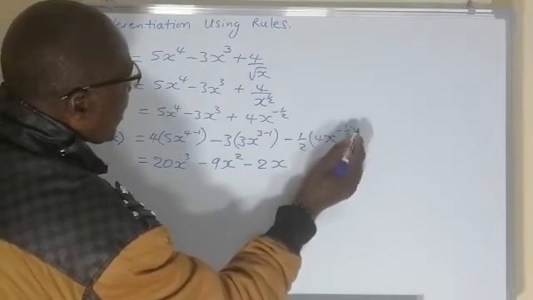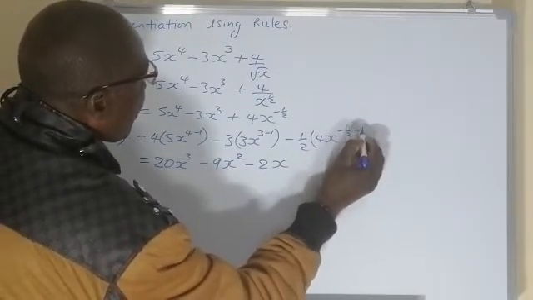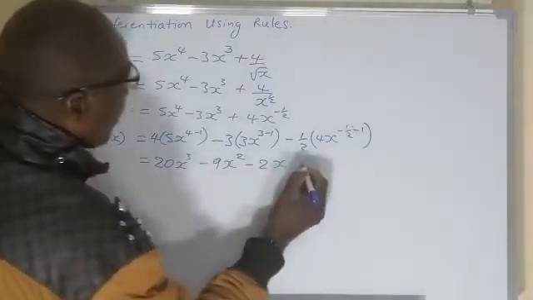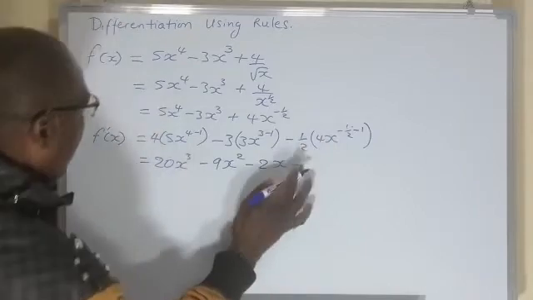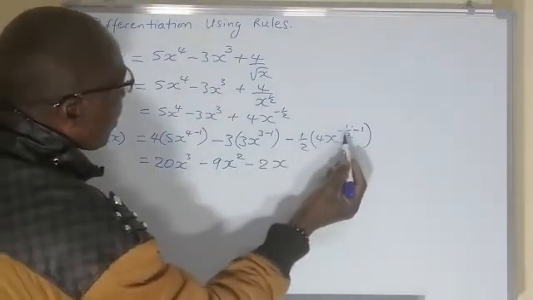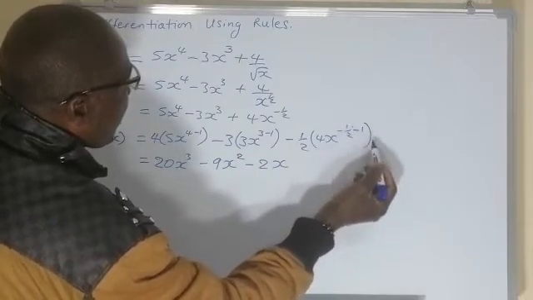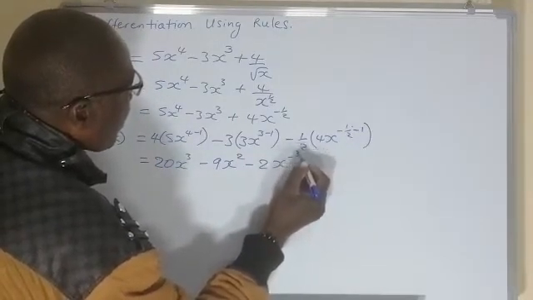We didn't subtract 1 here, we're supposed to subtract 1 here, right? And this becomes minus a half minus 1, it becomes minus 3 over 2.